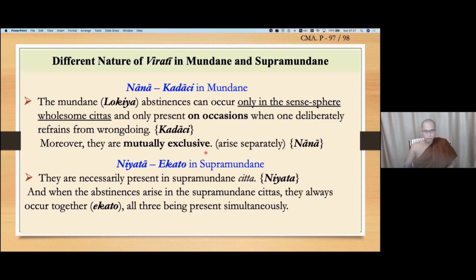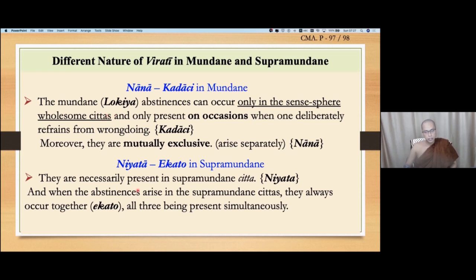So they will be present whenever the supramundane consciousness arises. This is different from the mundane wholesome consciousness. Then when they arise, they also arise together. So they arise always and together: niyata and ekato. That's why the abstinence mental factors in the mundane level are nana and kadaci. Nana means separately, kadaci means sometimes.